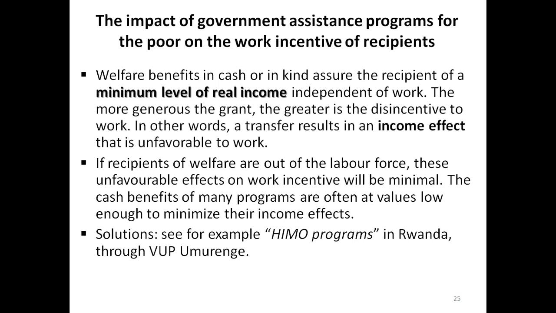The cash benefits of many programs are often low enough to minimize the income effect. Solution: we can see, for example, HIMO programs in Rwanda and also the VUP Umurenge. These are activities the government uses to provide cash to poor people.